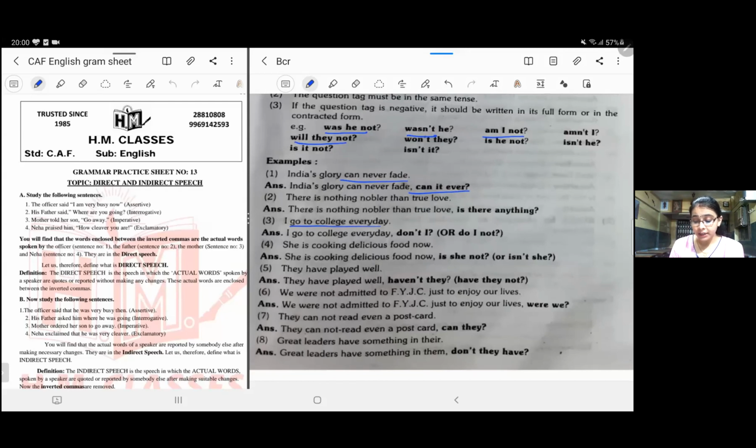Don't I? Right? These are the question tags that we apply in day-to-day life also, and when we are transforming the sentence from one type to another type. Clear?